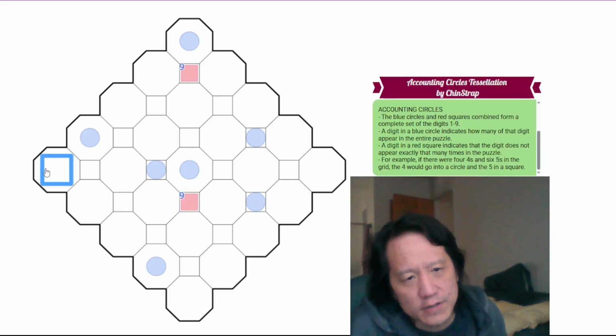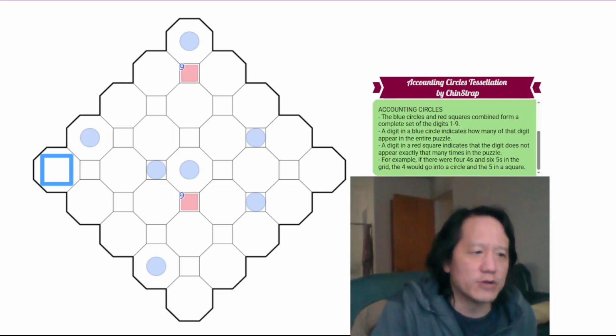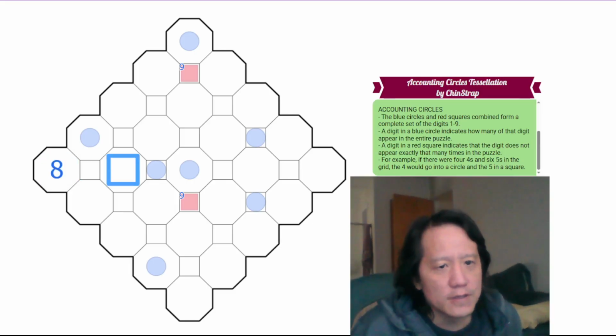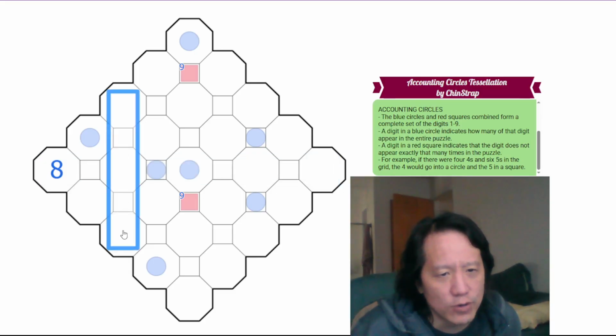Can you have an 8? If you have an 8 here, how could you have an 8 where you have it completely situated? Then that means you have an 8 here. You would have to have one in every column and every row except for 1.